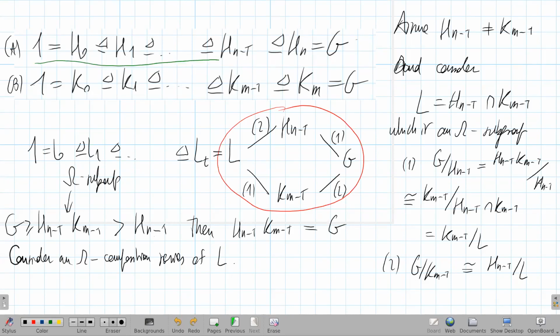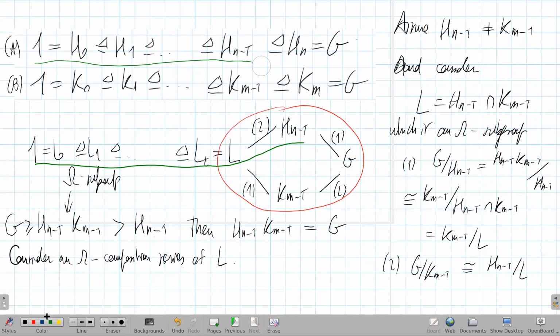So I have this series on Hn minus 1, and I have this one. So by the induction hypothesis, since Hn minus 1 is smaller, these two series have the same length and have isomorphic composition factors up to a permutation.